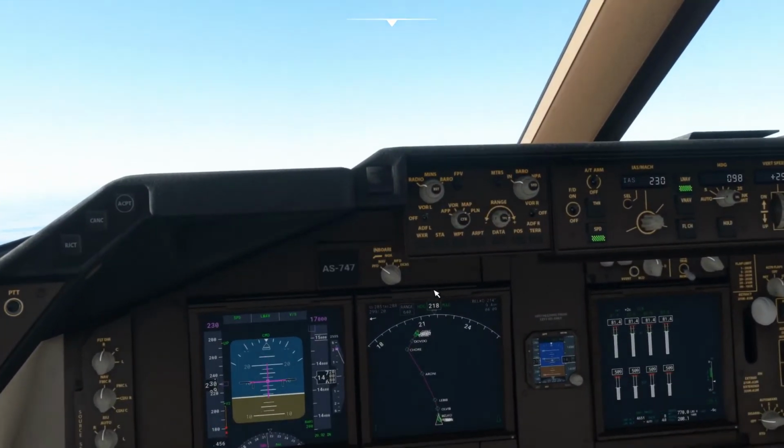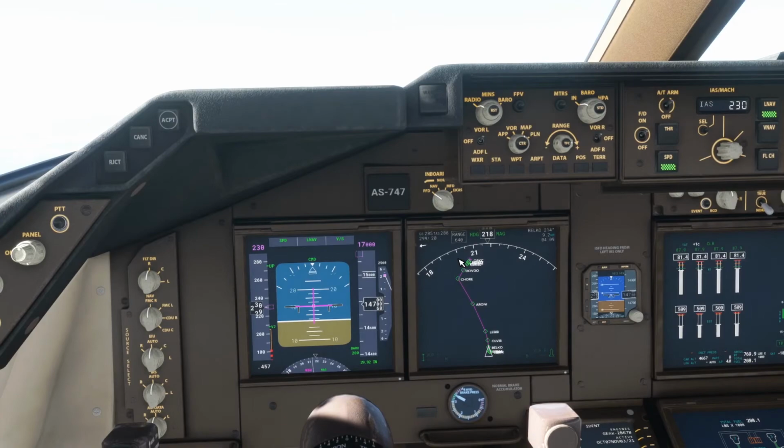Some little time to go, and you will see that the plane will automatically start to level off at roughly 500 feet before or 800 feet before the given altitude. Then I will try to descend by 2,000 feet. So right now 16,000 feet, one more 1,000 to go.